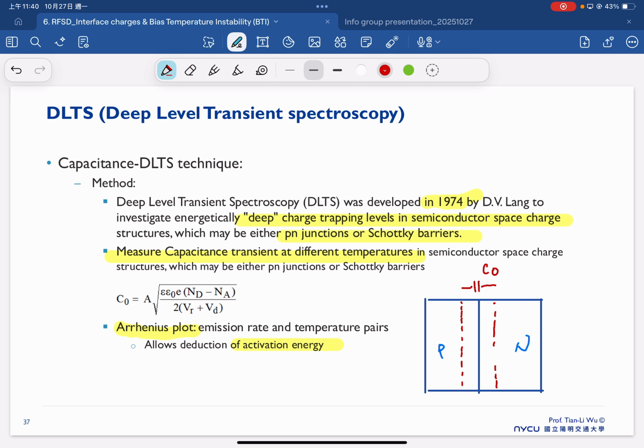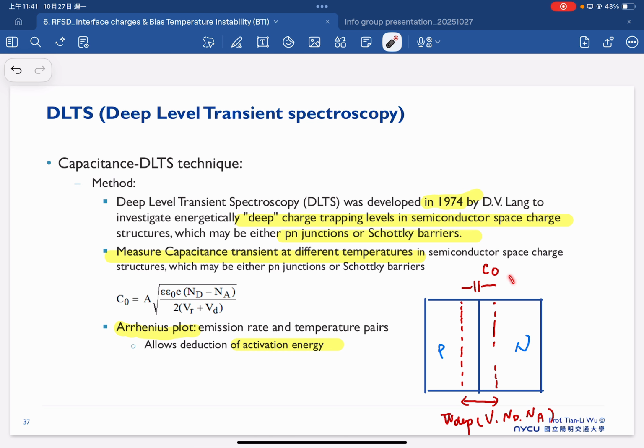This depletion width depends highly on our bias and on the doping in the N region and the P region as well. So we consider leveraging the capacitance induced by this depletion region to estimate the trapping and detrapping phenomenon.